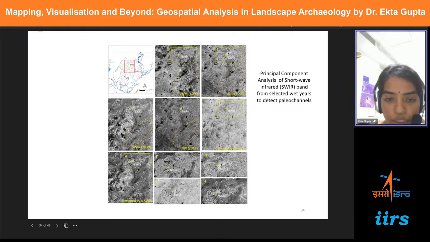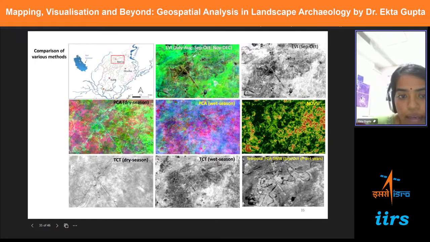So we found around 14 images from 1984 till date, and we did PCA of those images, and we found that it gave us really good results in finding these paleo channels. And so this is a comparison of different methods versus this PCA of SWIR. Surely this one shows much better.